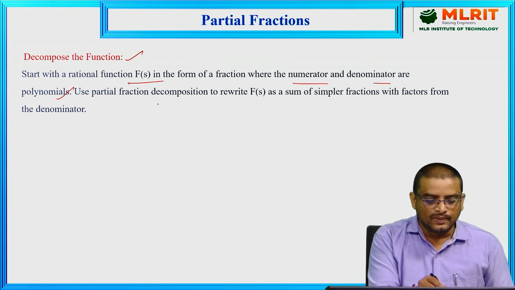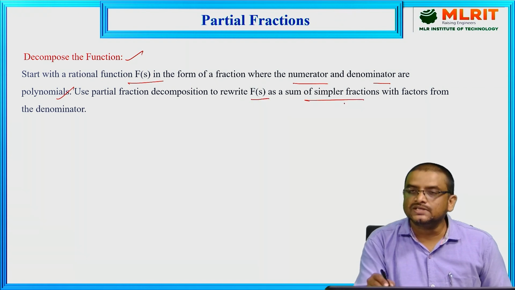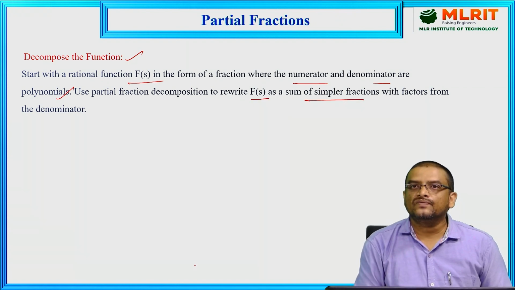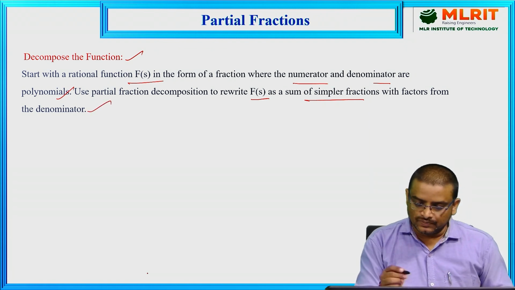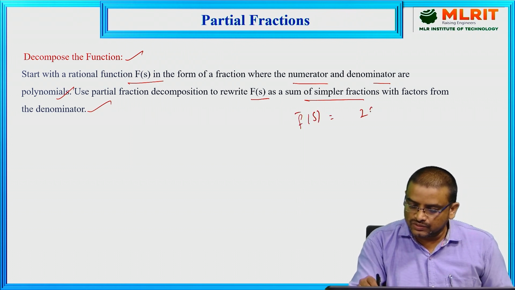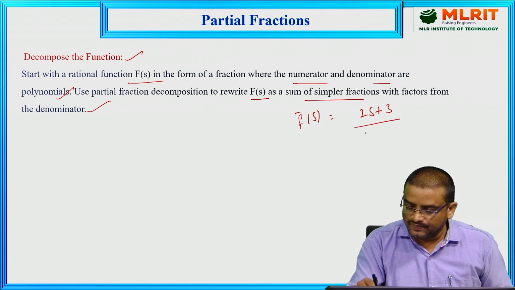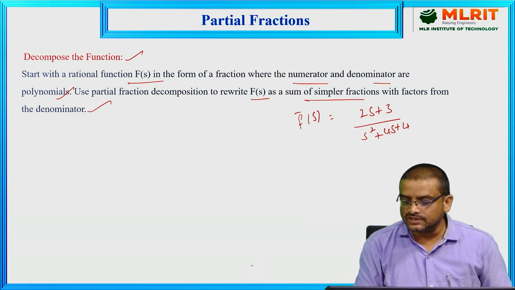So use the partial fractions technique to rewrite f bar of s as a sum of simpler fractions with denominators from the factors of the denominator. Suppose f bar of s is equal to 2s plus 3 by s square plus 4s plus 4. This is the given function.